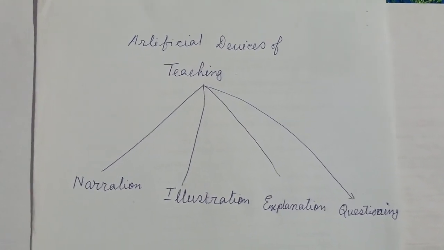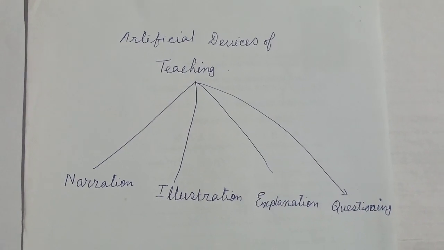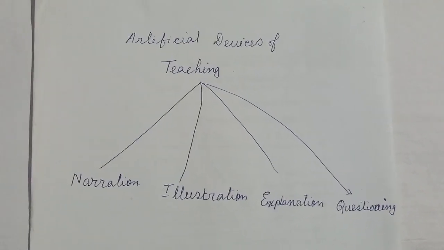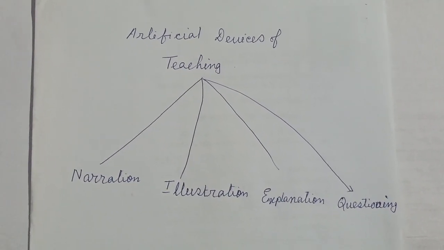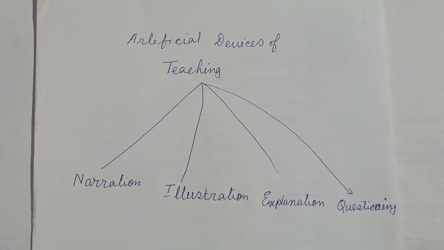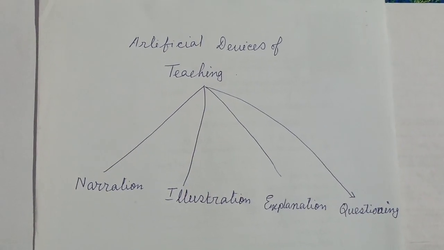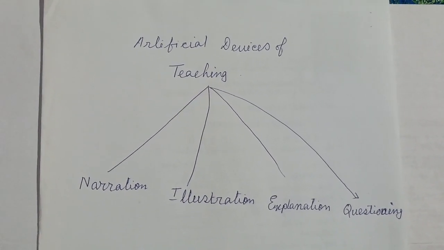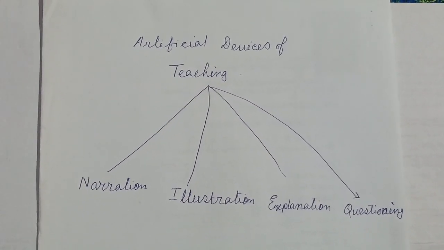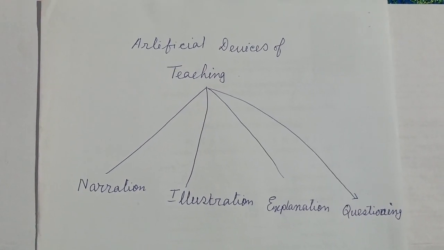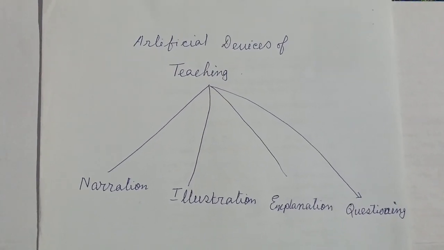So what is the difference between narration and illustration? In case of narration, it is not compulsory to take the help of any teaching aids, but in case of illustration, we must take the teaching aids, and on the basis of teaching aids, we should narrate something.